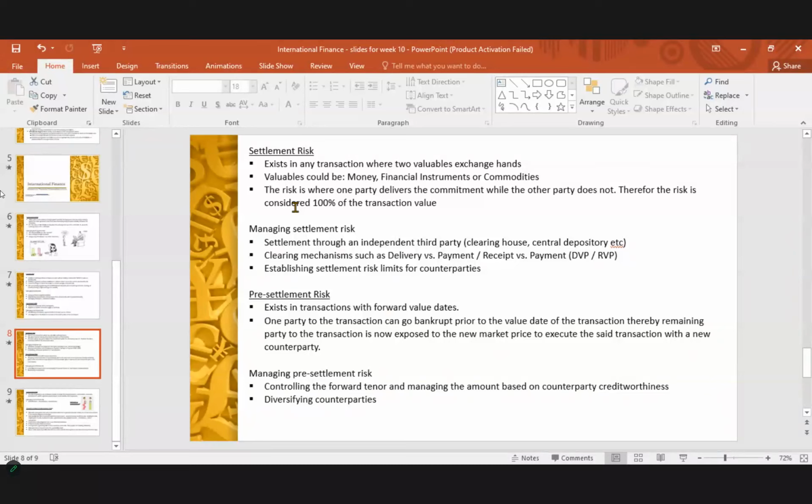So when you have that kind of independent third party looking at all these receivables and payables and settling what is available, the settlement risk can be reduced. Because if the other party has not paid, then what you have paid doesn't go through. It fails. Then the third party returns the money back to you, saying it has not settled. So you are not exposed.